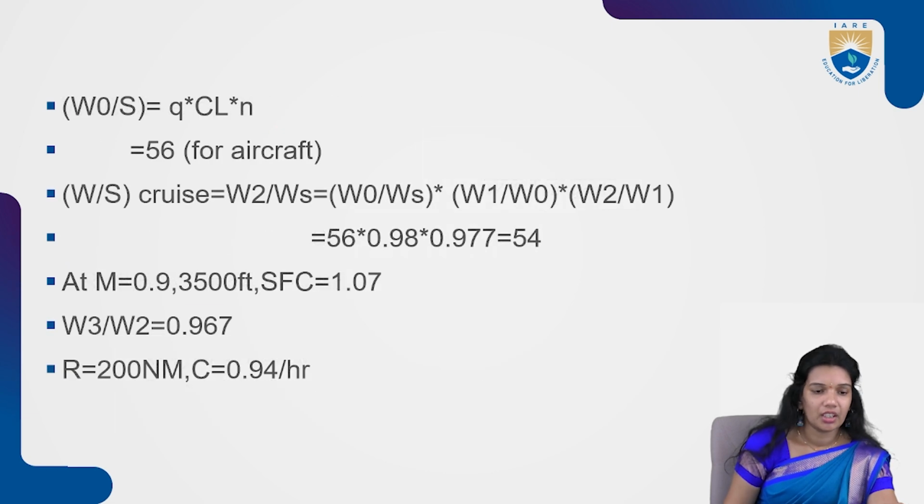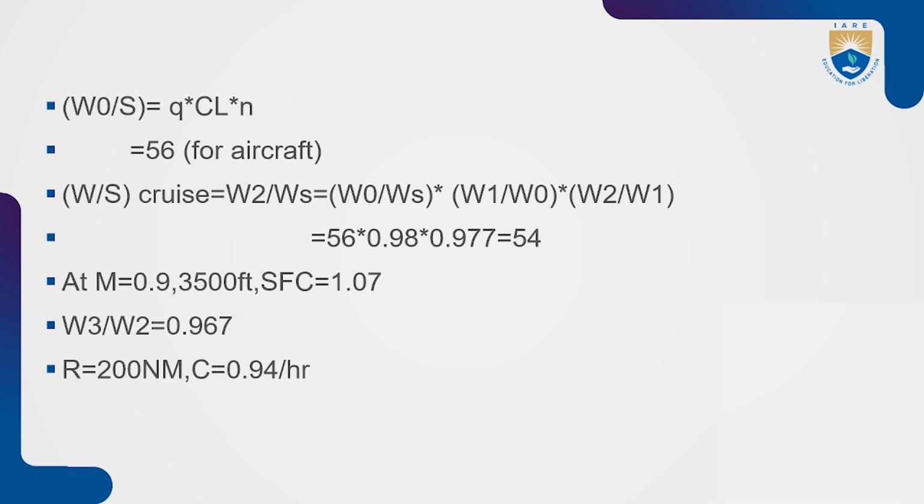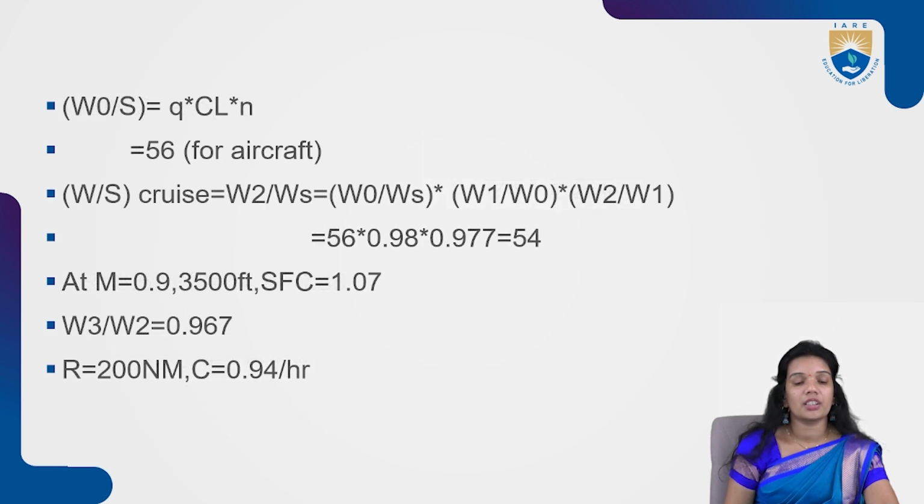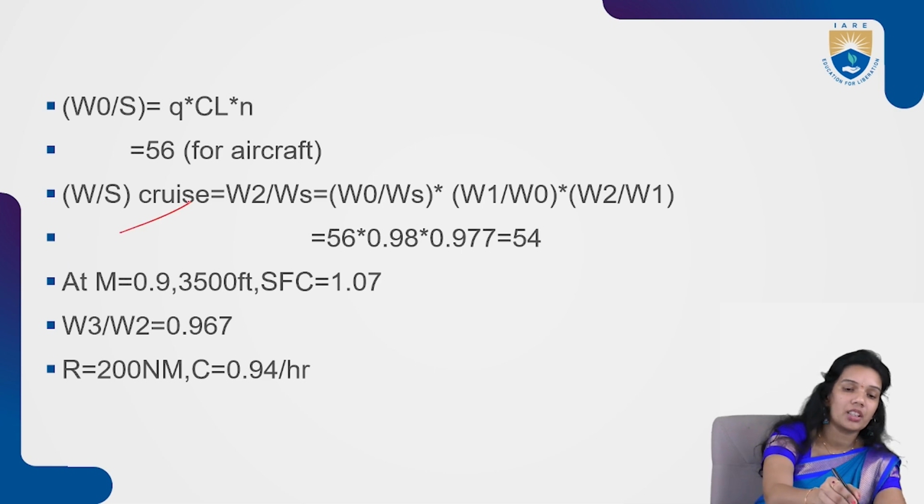Now next is going to be something like this, so I need to calculate this particular condition here. First of all, we have done W by S as 54 for the complete, entire aircraft. Now I want a wing loading for a particular segment.